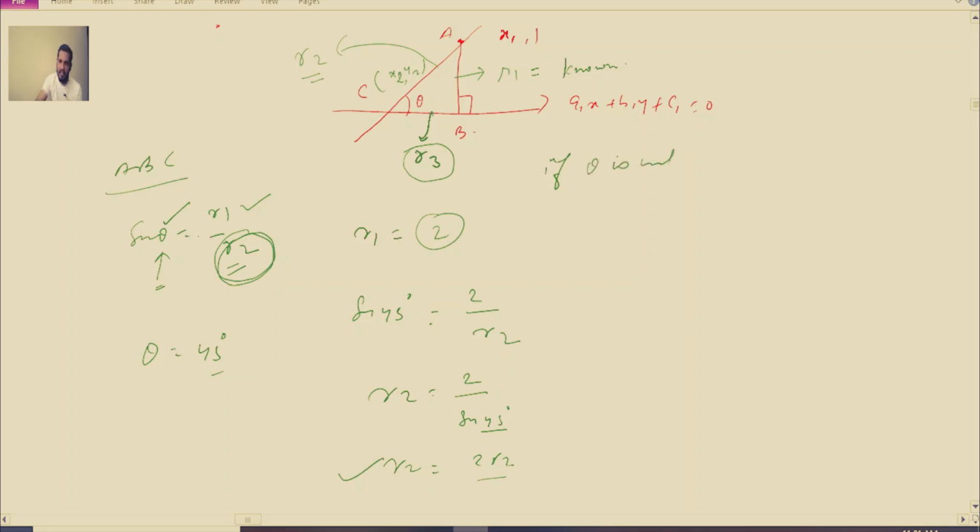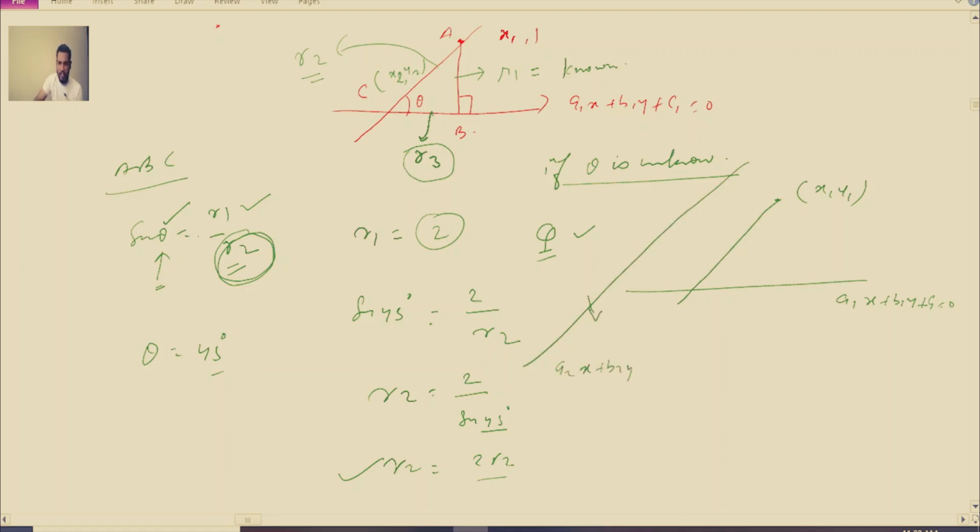Now the question is, if theta is unknown. If you have a point (x1, y1) and a line a1x plus b1y plus c1 equal to 0, what is the distance of this point parallel to the line a2x plus b2y plus c2 equal to 0?